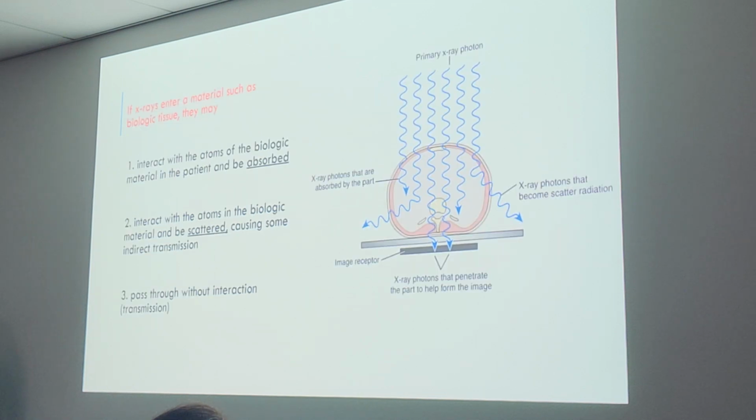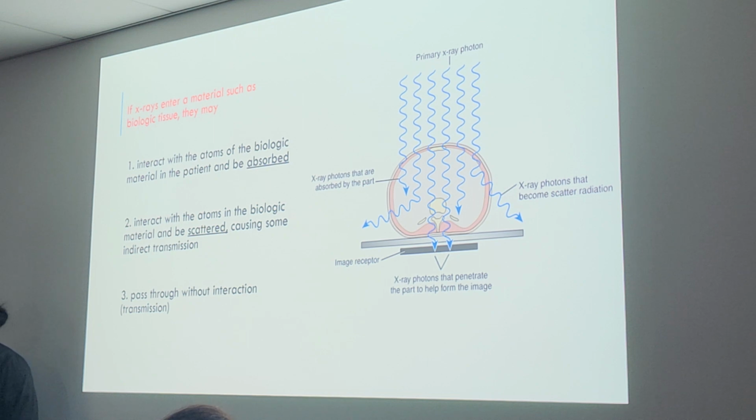Alright, so when X-rays enter a material such as tissue in our patients, we have three things that happen, which is absorption, scatter, transmission. Absorption: when X-rays interact with the atoms and are absorbed, that's absorption.